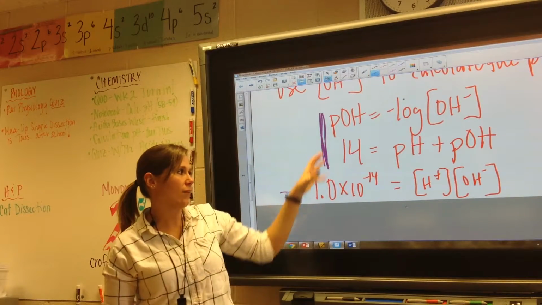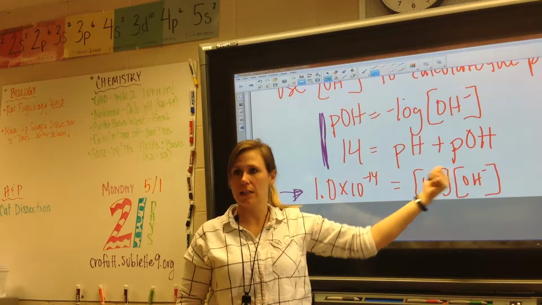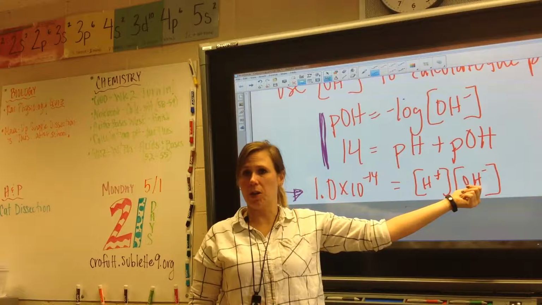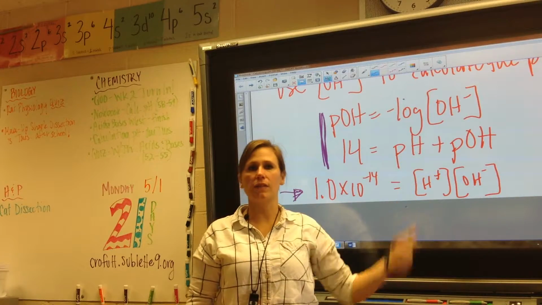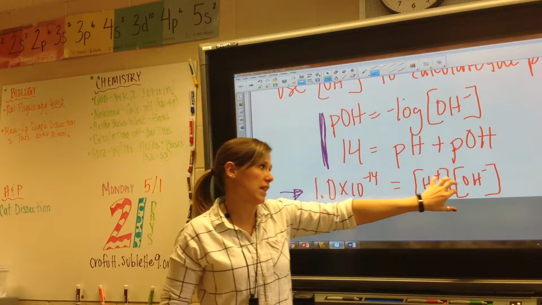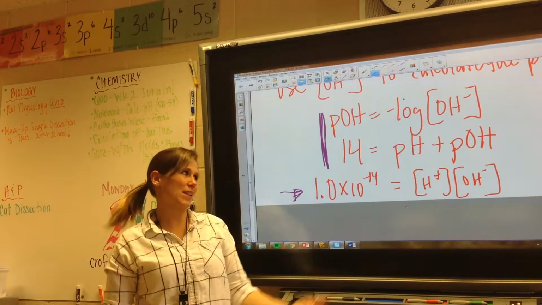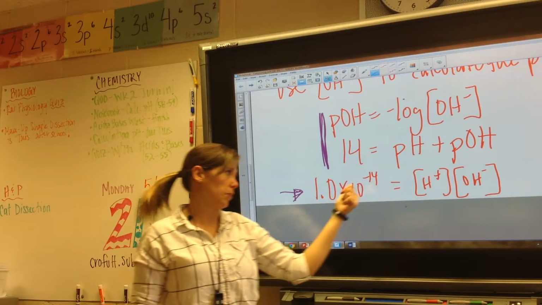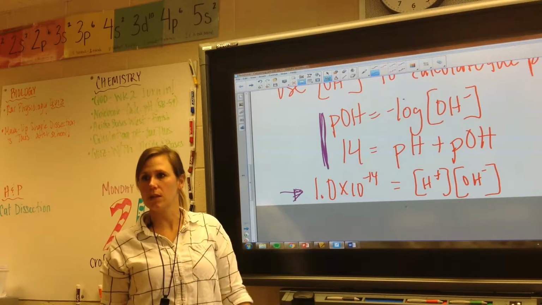So you're always going to have some presence of hydroxide ions if you're using an acid. Okay, same if you're using a base. Your base is going to be your hydroxide ions, but you're always going to have some acid because of the water in there. That's why you have both H plus and OH minus. So if you have an acid, obviously you're going to have a high level of this and a really low level of that, but they would be multiplied together to form 1.0 times 10 to the negative 14th.